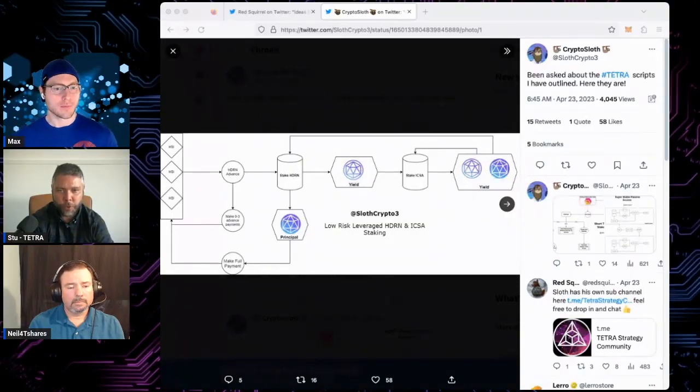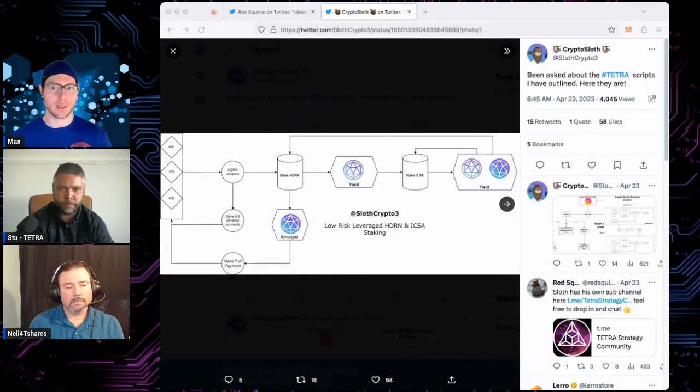If you hold the Tetra token, you simply stake it into the Tetra staking contract, and every so often, or when the treasury reaches a certain point, the stablecoins collected from the users' fees are put into the pool and distributed among the stakers. So those that stake Tetra receive stablecoins as yield perpetually.